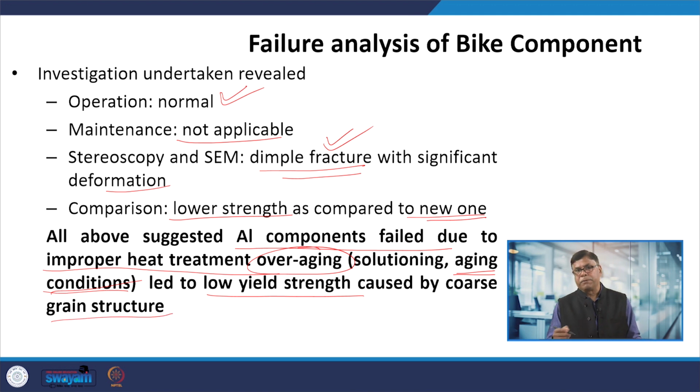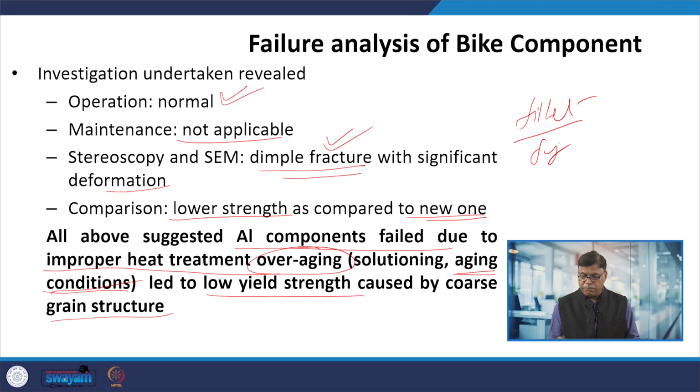As far as the possible recommendations are concerned, implement suitable design changes in the area where the stress localization is expected to take place, because the failure occurred from the section where there was a change of cross section. So, give a proper fillet or redesign in such a way that stress localization does not happen there.